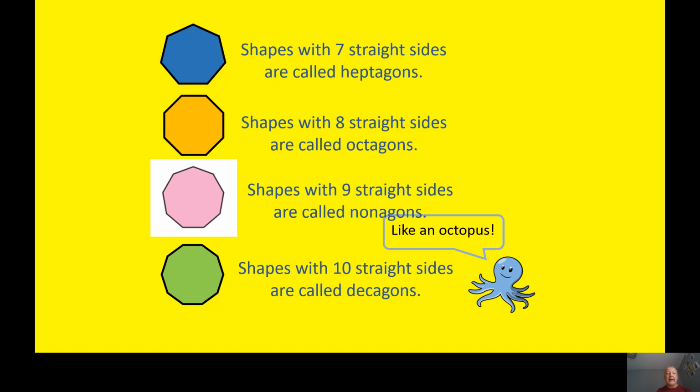And a shape with 8 sides is called an octagon. Oct, like an octopus. A 9-sided shape is a nonagon. And finally, a 10-sided shape is a decagon. There you go. So now you should be able to name different shapes according to the number of sides that they have.